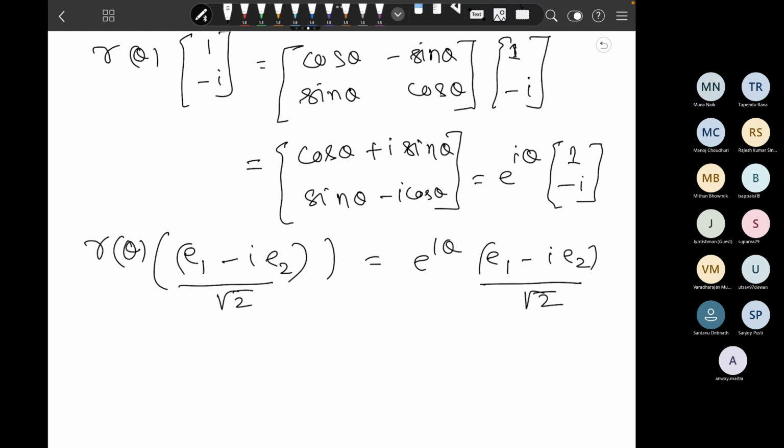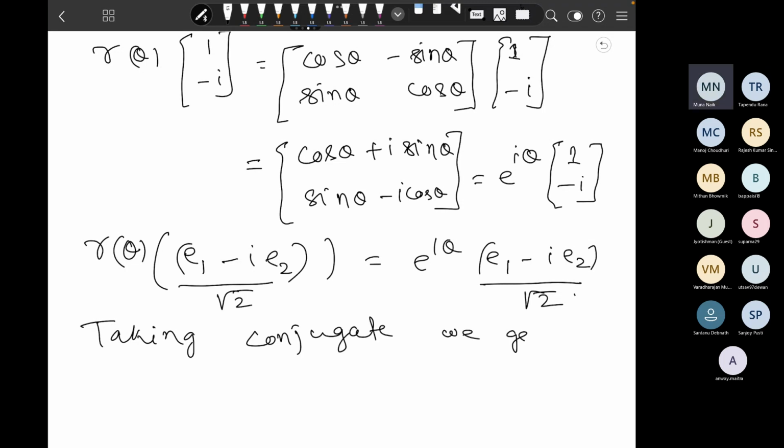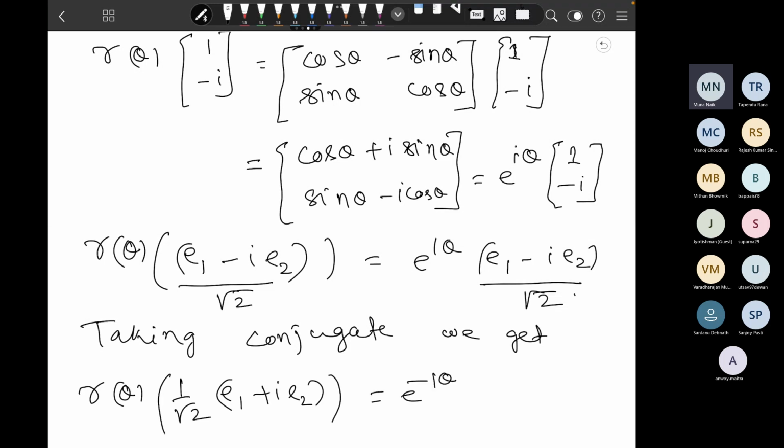Then taking the conjugate, what will we get? Conjugate on both sides, we get R theta applied to 1 by root 2 (u1 plus i e2) is e to the power minus i theta into 1 by root 2 (u1 plus i e2).